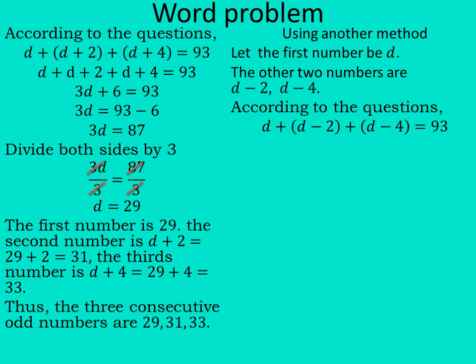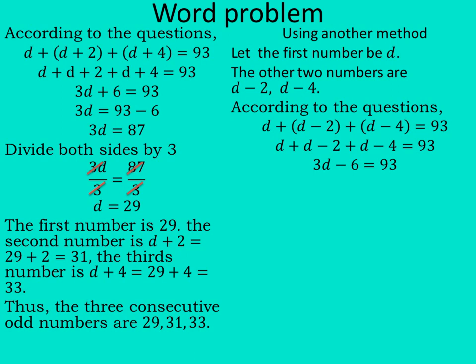That is the sum of the 3 consecutive odd numbers. So when we open the brackets, we open the bracket with plus, of course. So we have d plus d minus 2 plus d minus 4 is equal to 93. So we add up all the d's. So we have 3d, and minus 2 minus 4 will give us minus 6. Minus 6 is equal to 93.